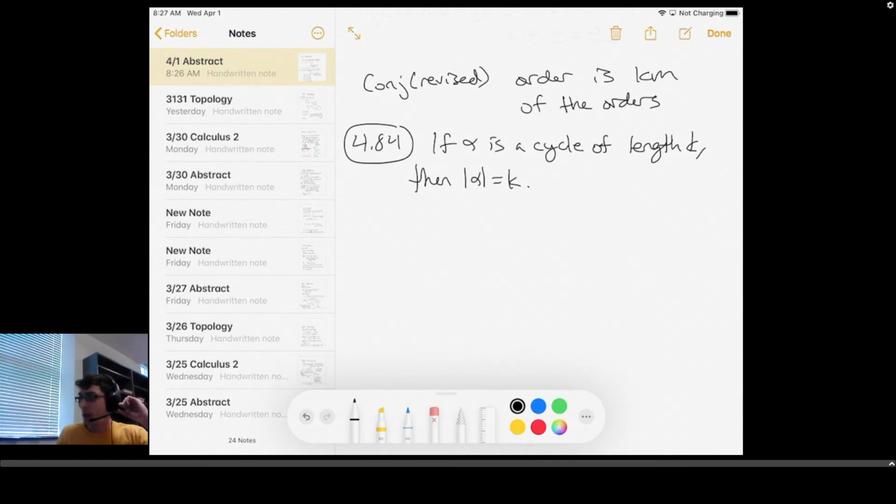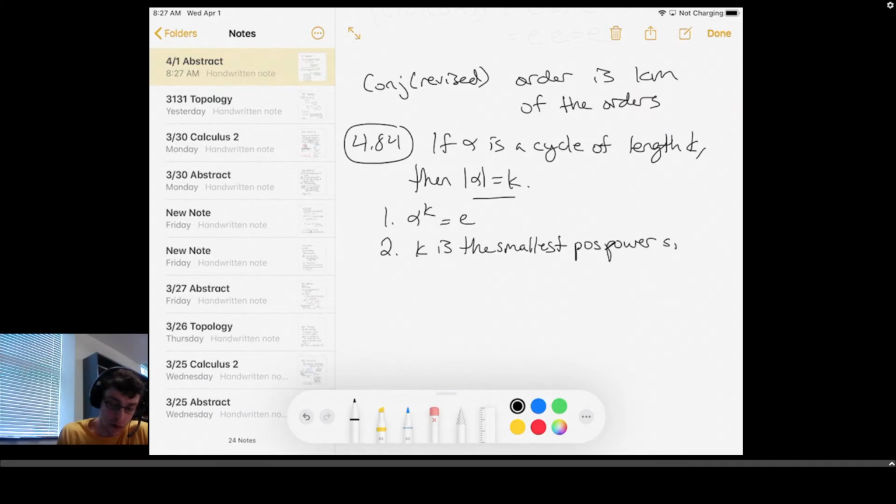So this pretty much relies on some sort of induction argument, because you want to figure out what the powers are, right? Again, showing the order equals something involves two things. One, you have to show that alpha to the k is actually the identity, and two, that k is the smallest positive power such that this is true.